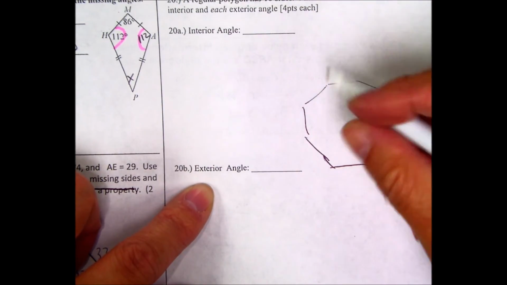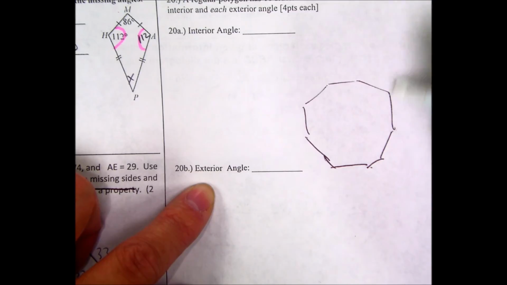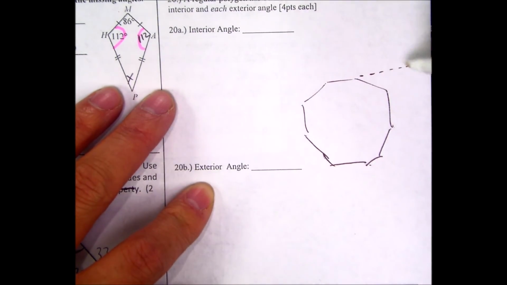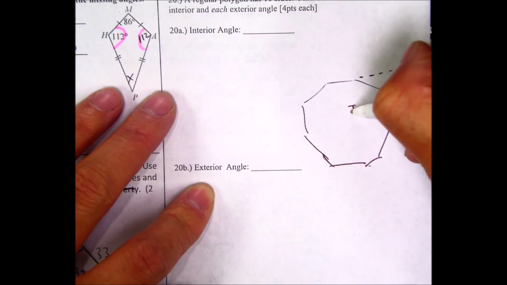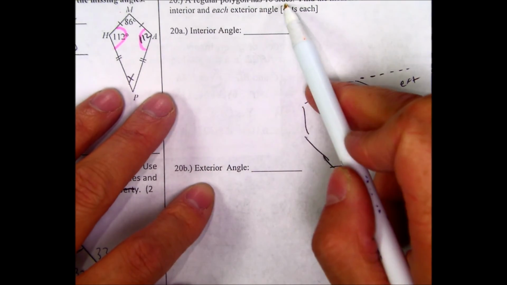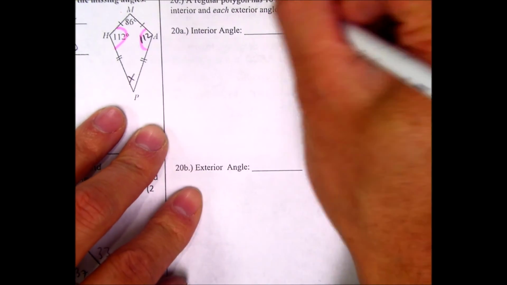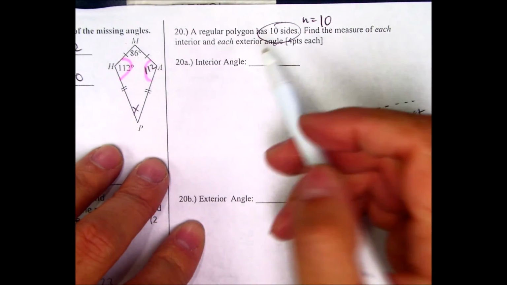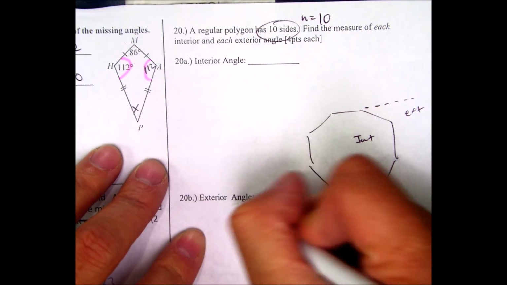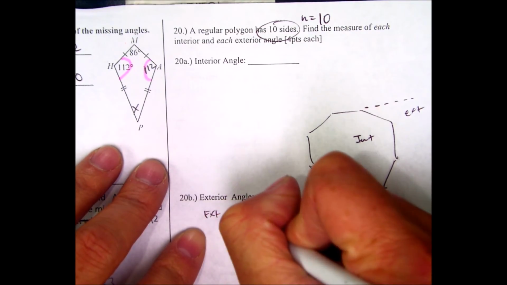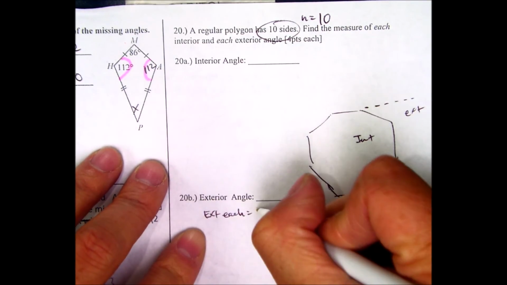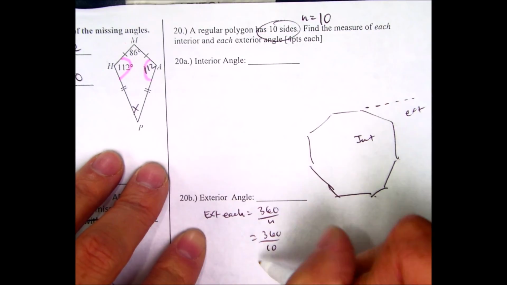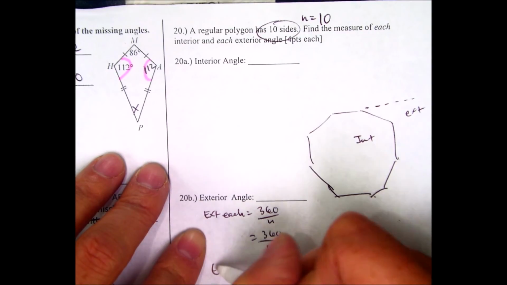And you can use this picture if you like. What I showed you in class is kind of like this right here. So this is the exterior and this is the interior. And it has 10 sides, so that means n is equal to 10. So each exterior is equal to 360 over n, so 360 divided by 10, because of the 10 sides, gives us 36.